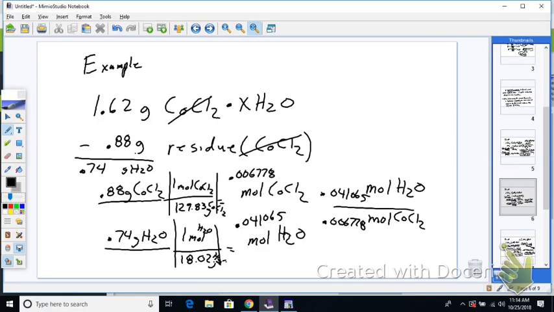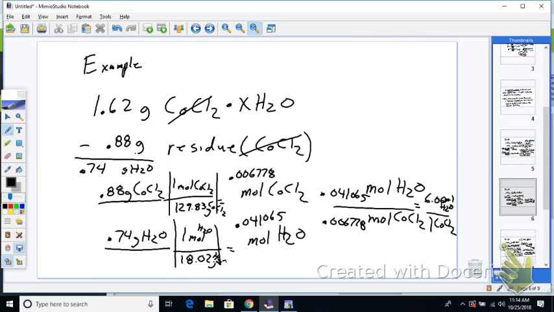And you should get a whole number out, or really close to a whole number, when you do that. And you get 6.06. So up here I have 6.06 moles of H2O for every 1 COCl2.